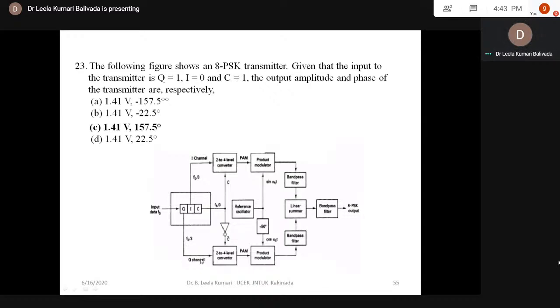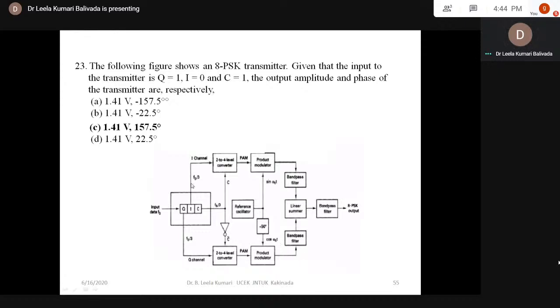This 1 represents plus 1 volt and C bar 0 represents 0.541 volt. Therefore, the output of the 2 to 4 level converter of the Q channel is plus 0.541. For the product modulator, this plus 0.541 and cos omega Ct are the inputs. Therefore, the output of the Q product modulator is plus 0.541 cos omega Ct.